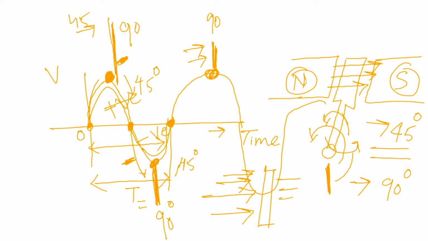Initially at position 0 there is no flux, then it increases with the angle of 45 degree and flux increases and its amplitude also increases at this stage. At angle of 90 degree, maximum flux cut. So maximum amplitude appears at this point.